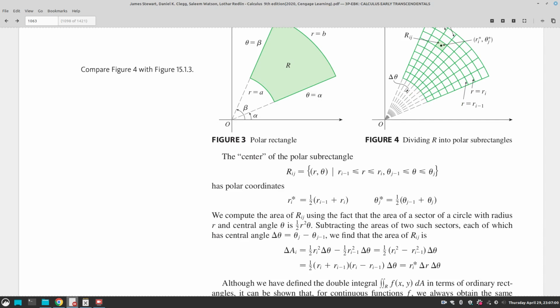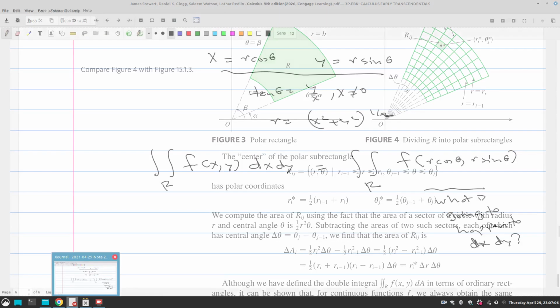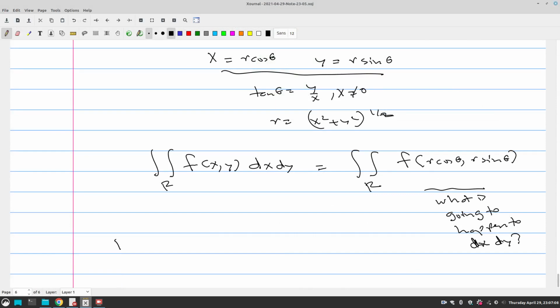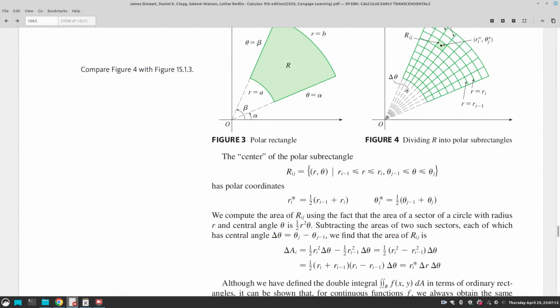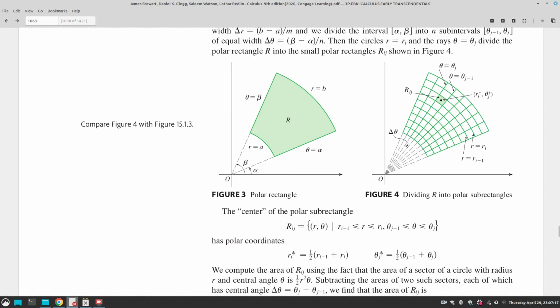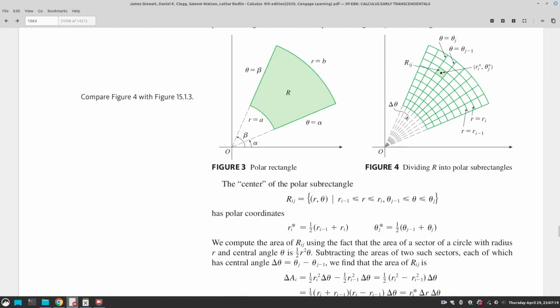We'll be working on this subrectangle and looking at its area. Now, R_ij, we are referring to Figure 4, page 1063.